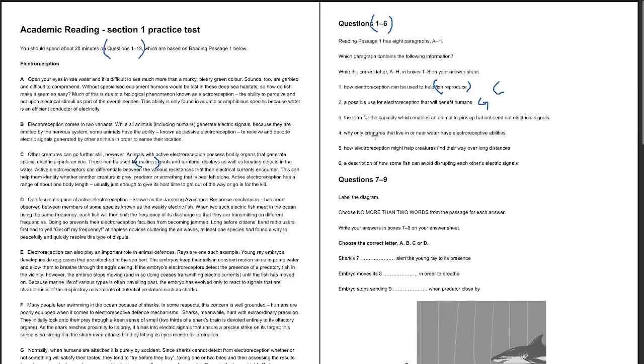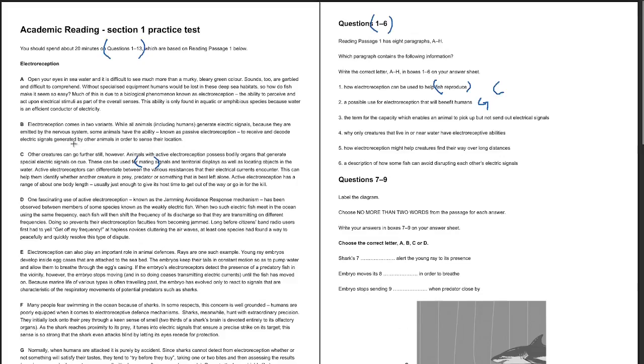Okay, question 3. The term for the capacity which enables an animal to pick up but not send out electrical signals. Just now we already saw it's passive electroreception, which is under B. Electroreception comes in 2 variants, but all animals, including humans, generate electric signals.